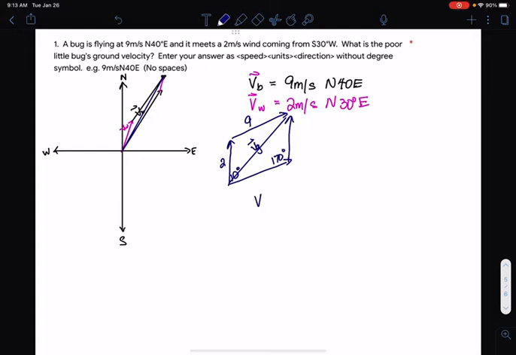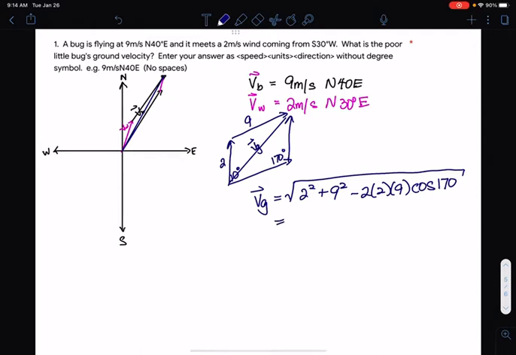So the ground velocity of the bug is going to be equal to, we're going to use the cosine law, so the square root of 2 squared plus 9 squared minus 2 times 9 times the cosine of the angle between them, which is 170. And I'll have to type that in my calculator.